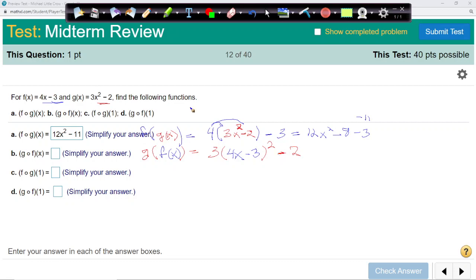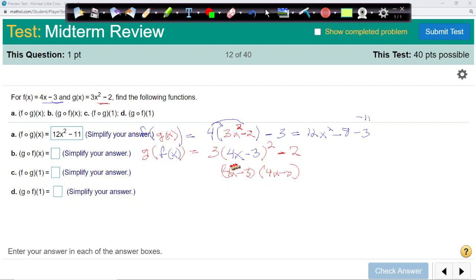Oh man, now because they want us to simplify it, we got to FOIL this thing out, right? So we got to square this thing and then distribute the 3 and then subtract the 2. So this is a little more complicated, but we can handle it. 4x minus 3 times 4x minus 3.